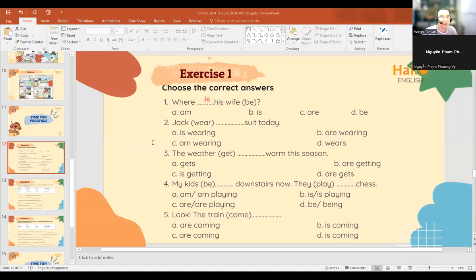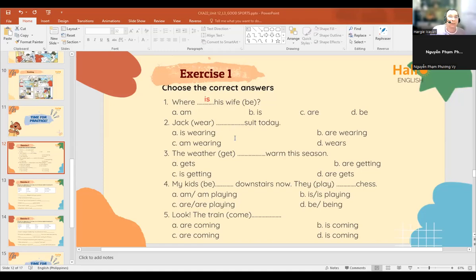Next, what about number 2? The base form of the verb is wear. So what do you think we are going to use if we are going to use the base form of the verb wear? So Jack blank suit today.